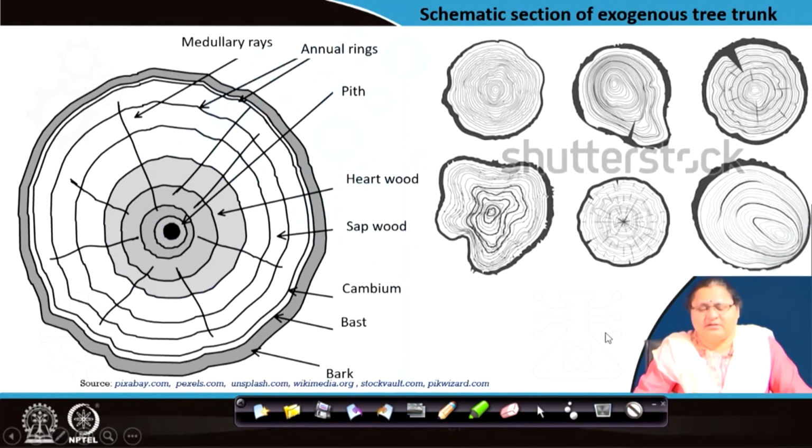Now, you see not all sections are uniform. They may be different in shapes. So, when you are converting this to usable timber, you have to look into how the annual rings are arranged.